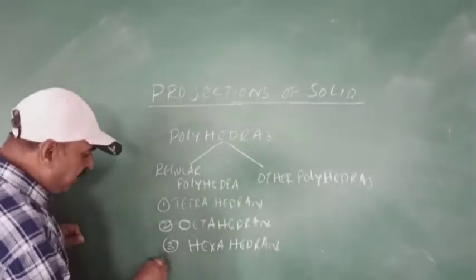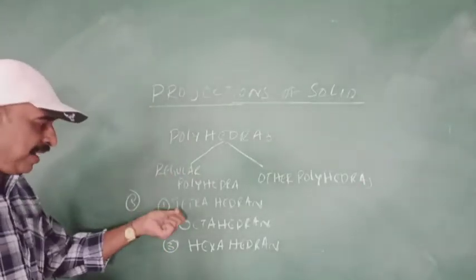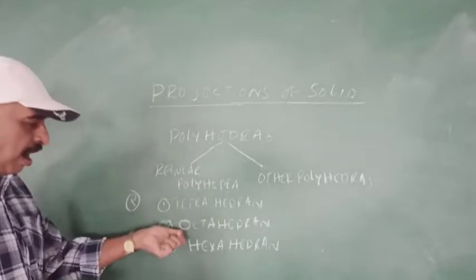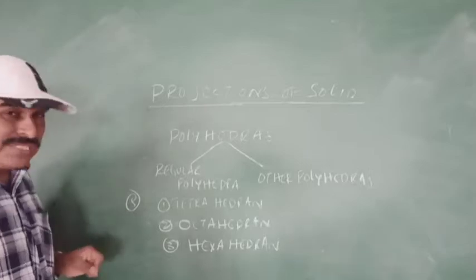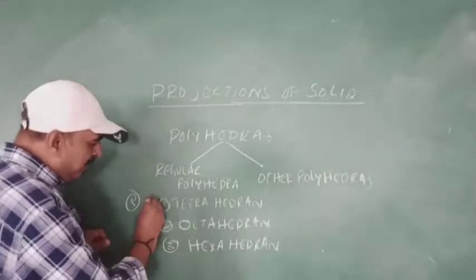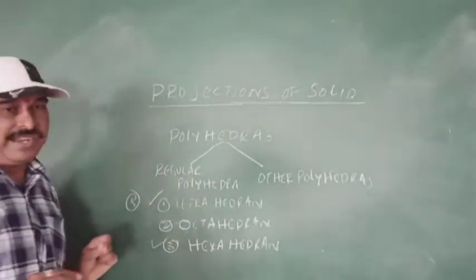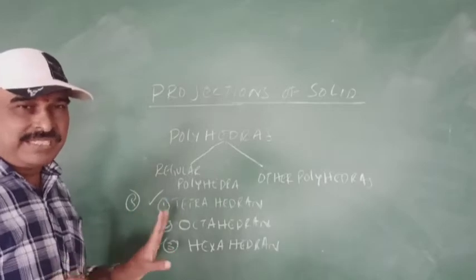There are five types of regular polyhedras. But in drawing we will be dealing only with tetrahedron and hexahedron. In these polyhedras, all the sides are equal.